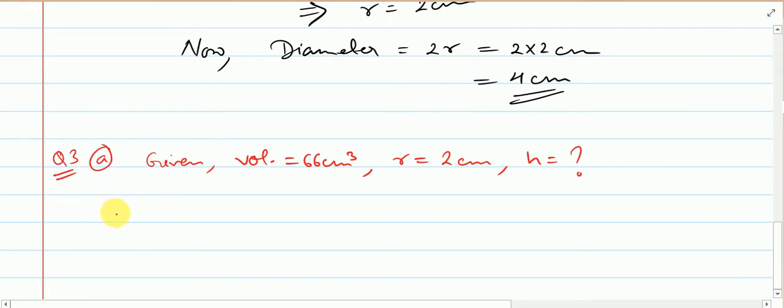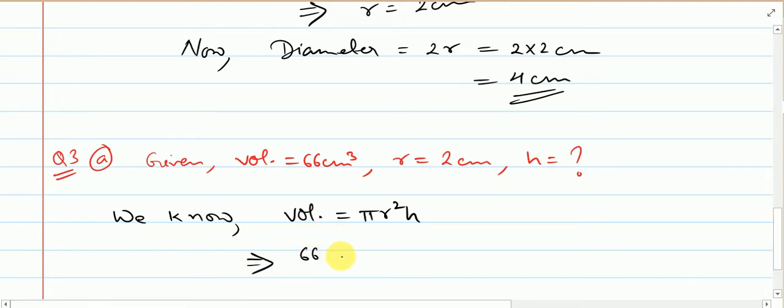We know that volume is given by the formula pi r square h. So for this formula I know volume, so I'll put 66 over here, 22 by 7. Radius I know, so I'll put 2 square, and h I don't know, so leave it.